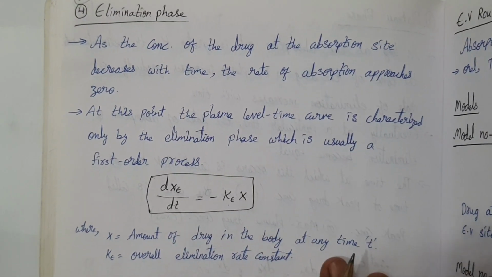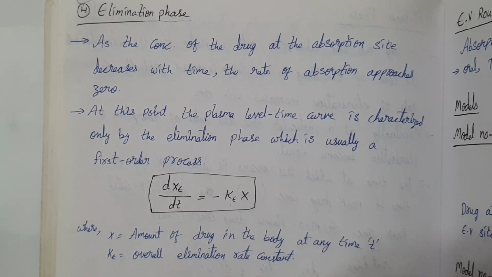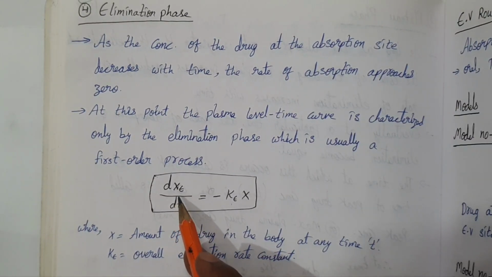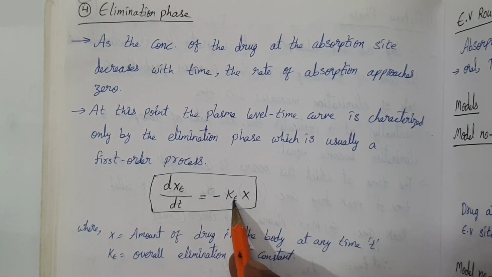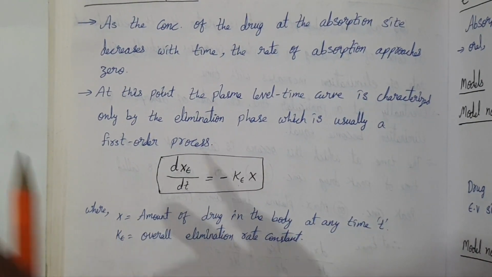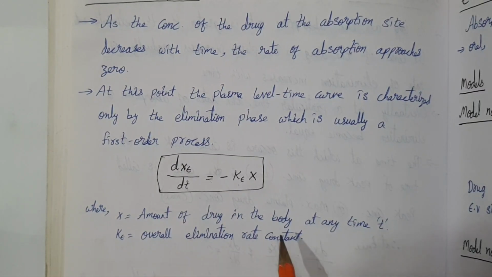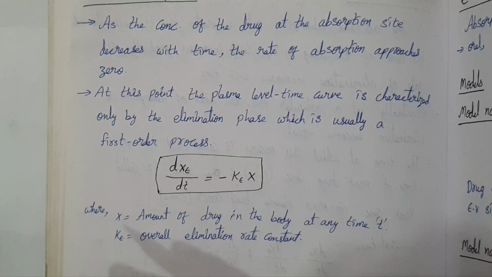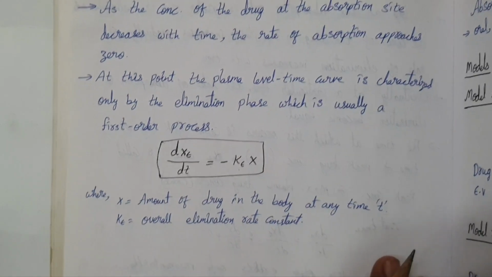This phase follows first order kinetics and it is represented by the equation dXe divided by dt equals minus Ke times X, where X is the amount of the drug in the body and Ke is the elimination rate constant.